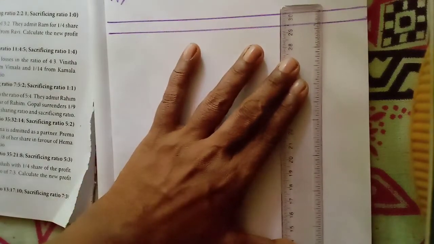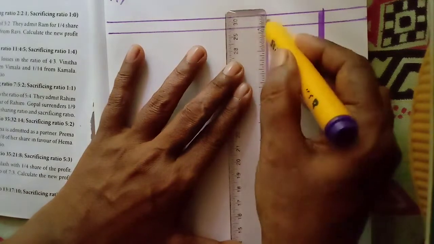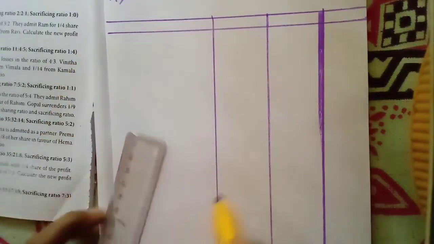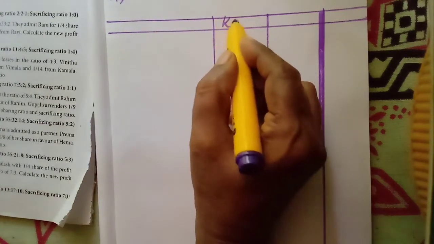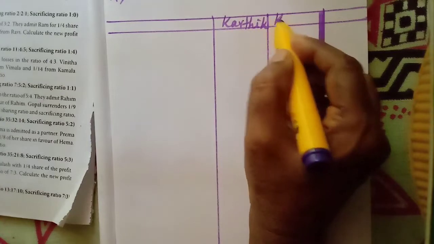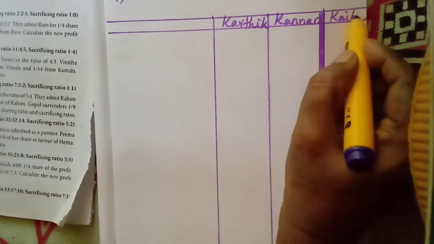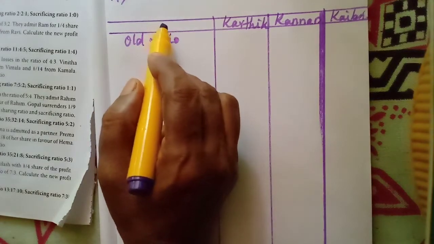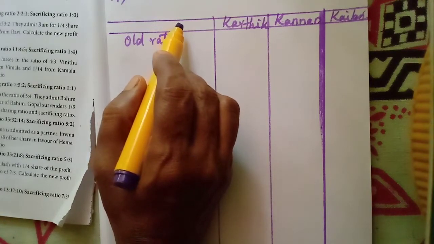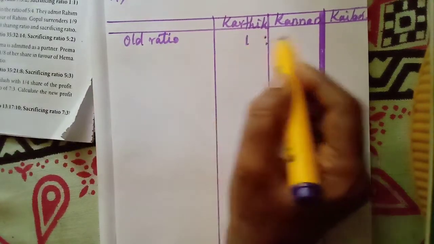Three partners: Karthik, Kannan, new partner Kailash. First old ratio. Equal partners, isn't it? Equal partners means 1:1.